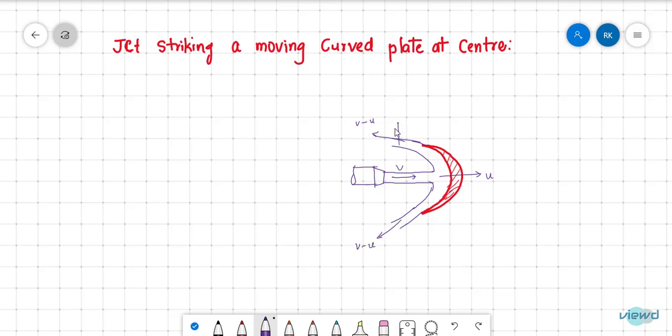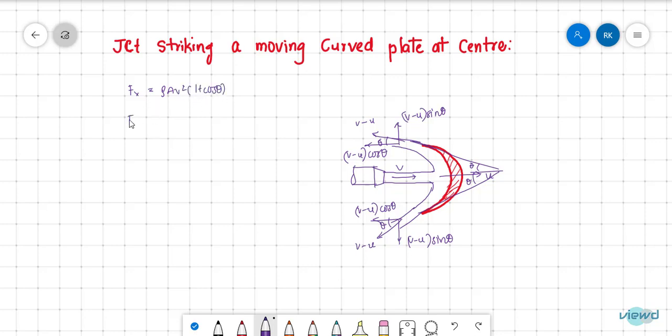The components, with angle theta, are (v minus u) cos theta and (v minus u) sine theta. In the case of a fixed plate, Fx was rho a v square into (1 plus cos theta).